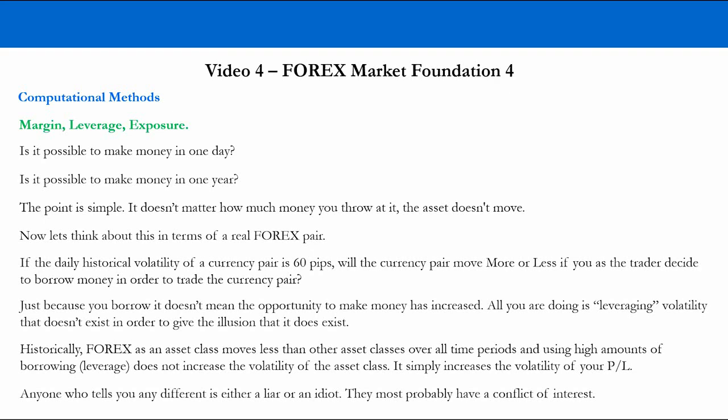Historically, Forex as an asset class moves less than any other asset class over all time periods. And if you're using high amounts of borrowing, this just doesn't increase the volatility of the asset class. It just increases the volatility of your P&L. And this is just basic common sense. And you have to anchor yourself to common sense here, because there's an agenda out there to make you trade in as big a size as possible and to believe everything should be calculated in pips.